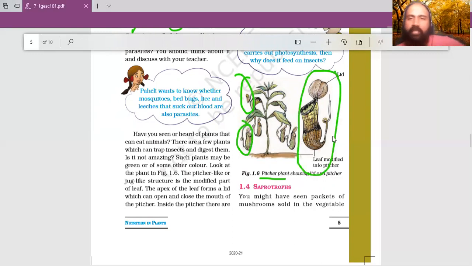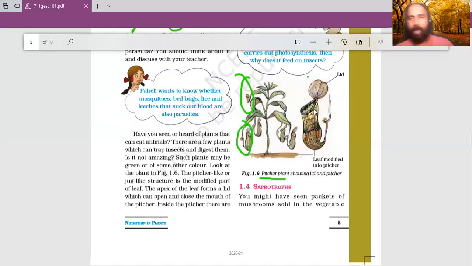In this structure you can see a lid. Let me erase a lot of unnecessary drawings I'm doing, I know. Let me use another color. Here we have a lid. Lid means like a cap, a bottle cap, and we have a hollow, bottle-like structure, isn't it?